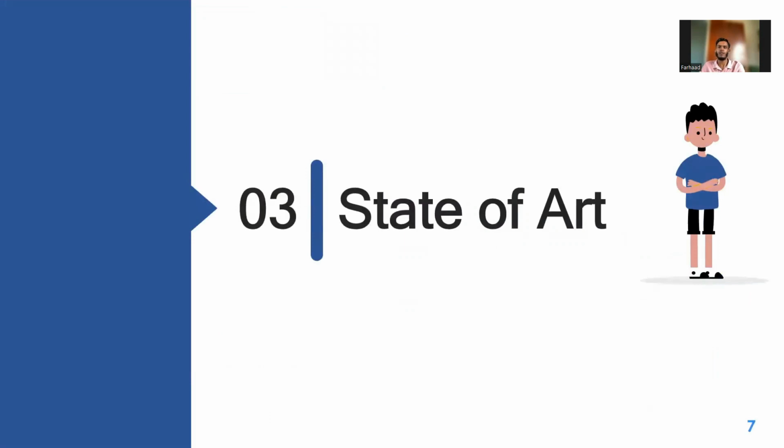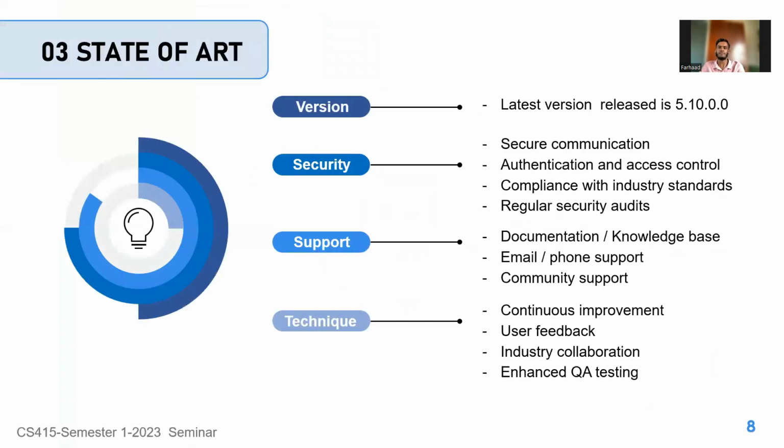Moving on to the state of the art. Now this is a tool which provides high reliability performance metrics, so maintaining the state of the art of this particular tool is very important. The first thing is that the latest version of this tool is 5.10.0.0, and in terms of security, it provides secure communication.